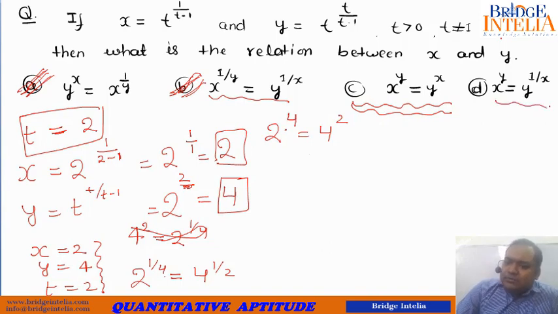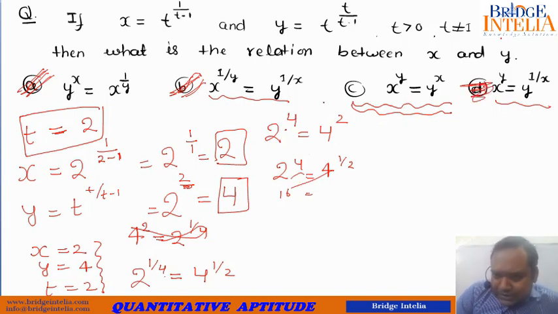Now let's move to the fourth one. Can the fourth option be the right one? Let's see. Is 2 to the power 4 equal to 4 to the power half? Is 16 equal to 2? Definitely not. So that means 3 options are ruled out, and you have not been able to rule this one out. That means this is the only leftover option. So this must be the correct option.